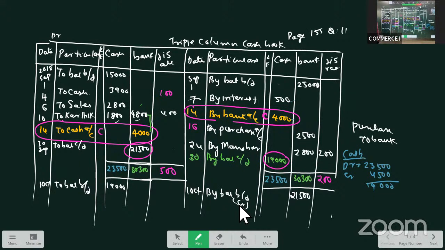Hope it is clear. So we'll take one more question. Yes, of course. We'll take question number 12. Prepare 3 column cash book, page number 156.